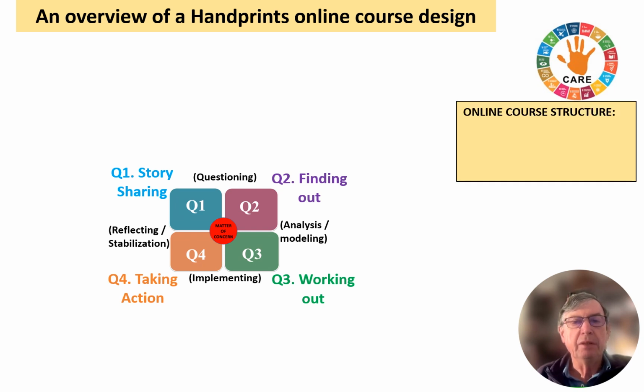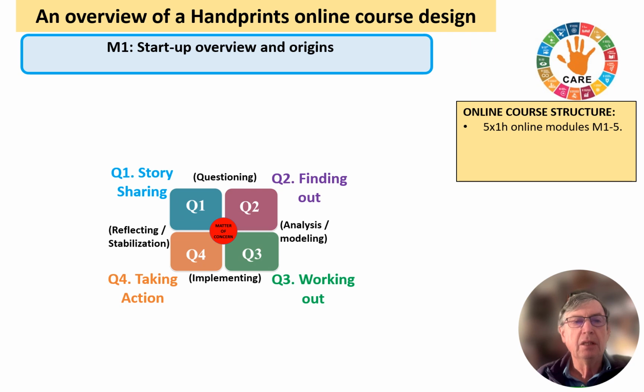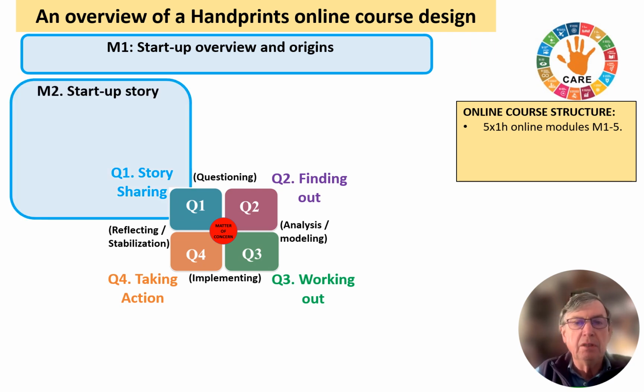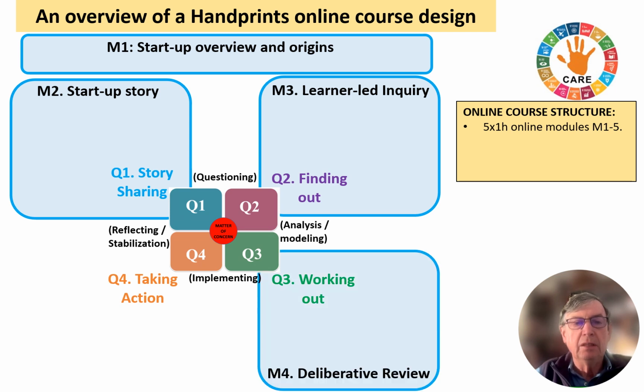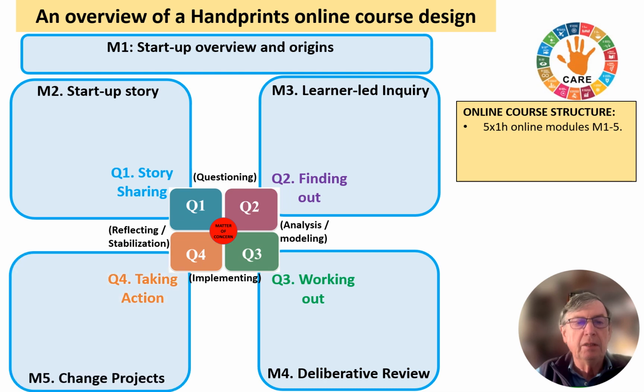If we're looking at an online course structure, we'd start off with Module 1, which would be Startup Overview and Origins. Then we'd have Module 2, covering Quadrant 1 on the startup. Then we'd look at some sort of inquiry-based work, some sort of deliberative work, and then some sort of change project-orientated work.